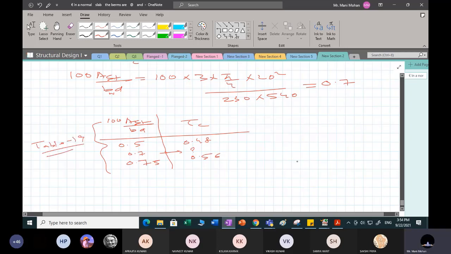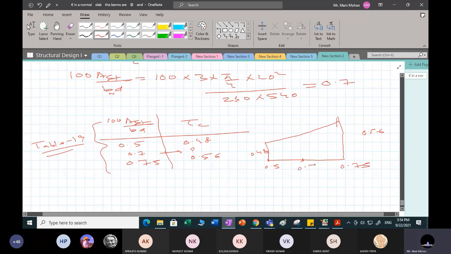If you don't know how to do the linear interpolation, and I know many of you will be knowing, it is always good to make this kind of sketch. Say this value is 0.5, for which this ordinate is 0.48, and here you have 0.75, with ordinate 0.56. Join these by a linear line.